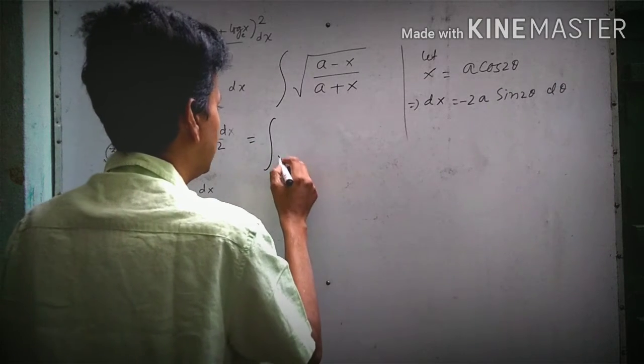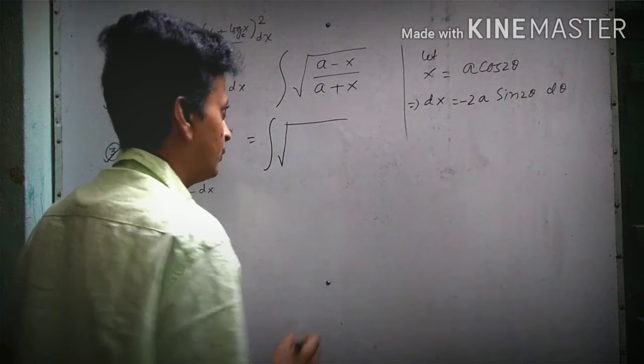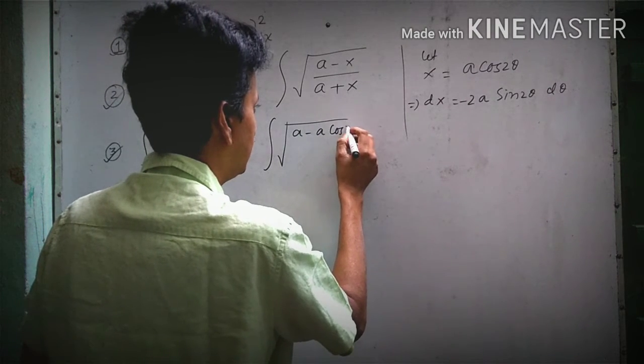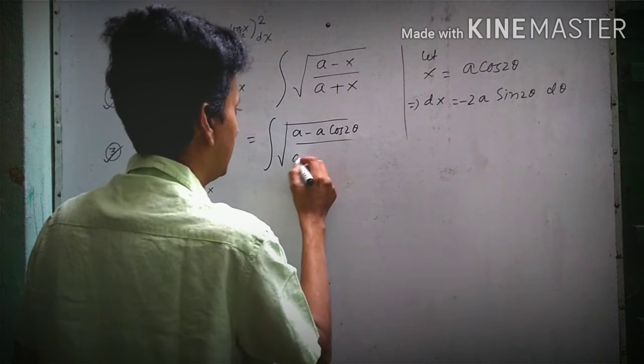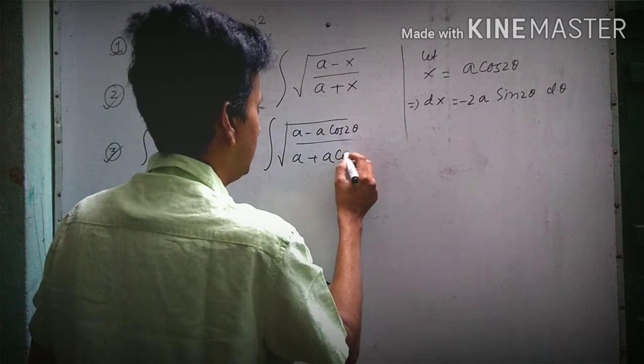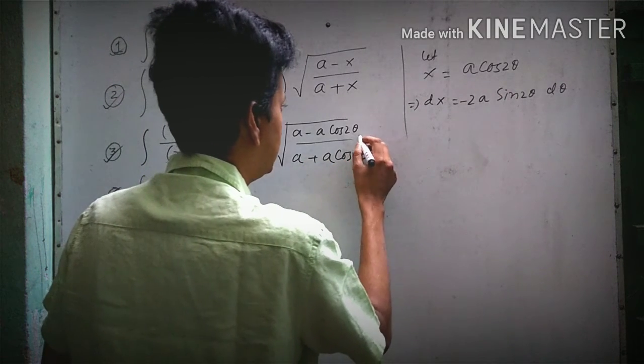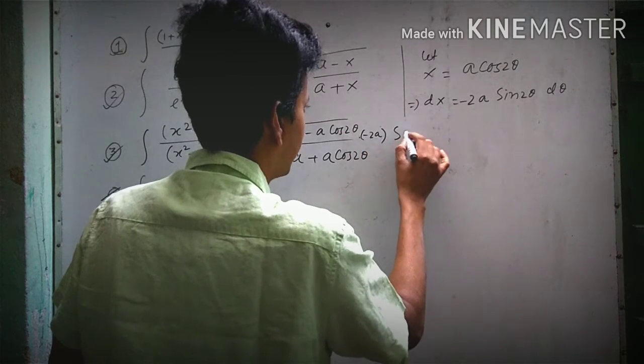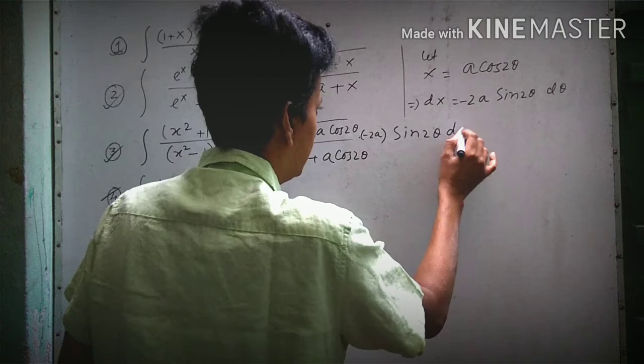Therefore, we get integration of root over a minus a cos 2 theta by a plus a cos 2 theta into minus 2a sin 2 theta d theta.